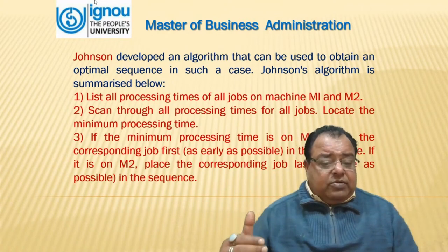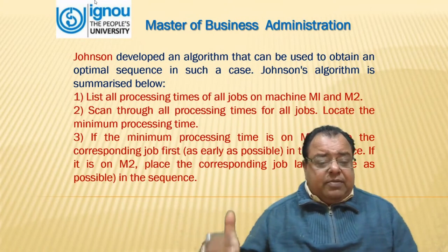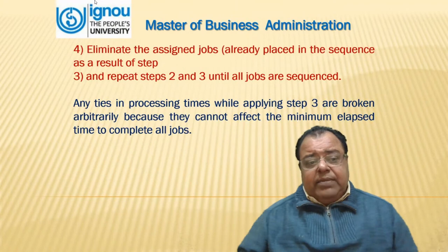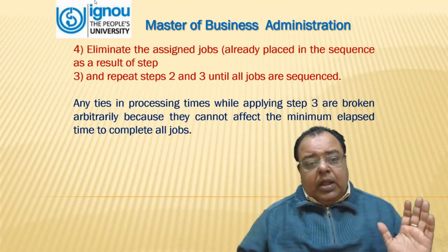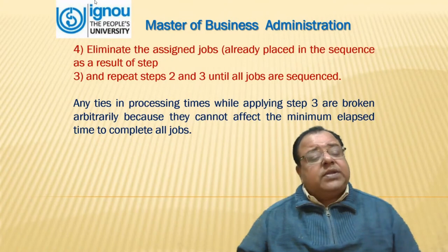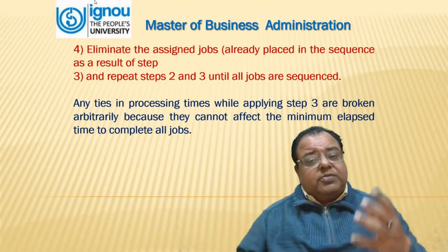If it is for M2, place the corresponding job last, as late as possible in the sequence. Eliminate the assigned job already placed in the sequence, and repeat steps 2 and 3 till all jobs are sequenced.